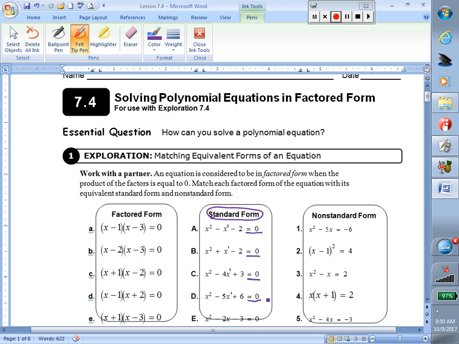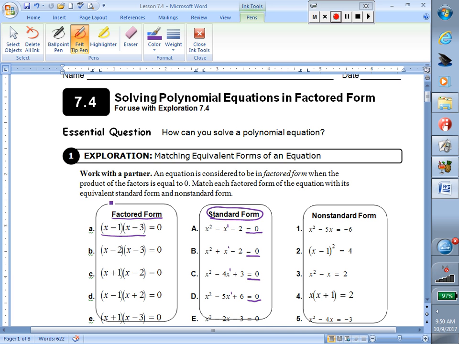Now, in order to solve those equations, we need them in factored form. Factored form is where we have a product set equal to 0. We spent the last couple sections multiplying these two binomials together. Now we're not going to multiply them, we're going to use them to solve the equation.